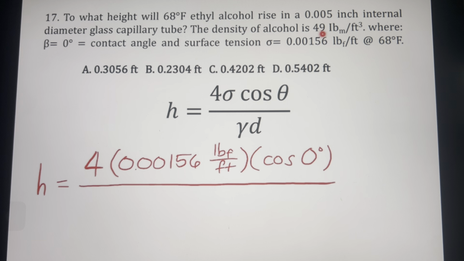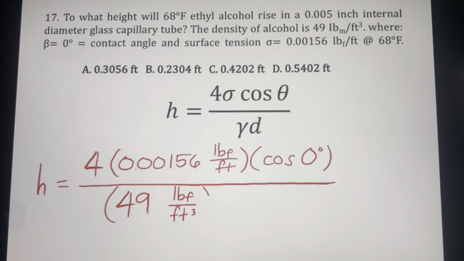If our density is 49 pound mass per cubic feet, and we know that the specific weight is expressed in pound force per cubic feet, the density and specific weight are numerically equal. So if this is 49 pound mass per cubic feet density, our specific weight is also 49, but in pound force per cubic feet. So that is proven. Density and specific weight are numerically equal, but they only differ in our units.